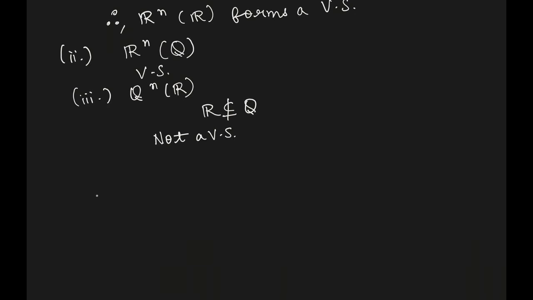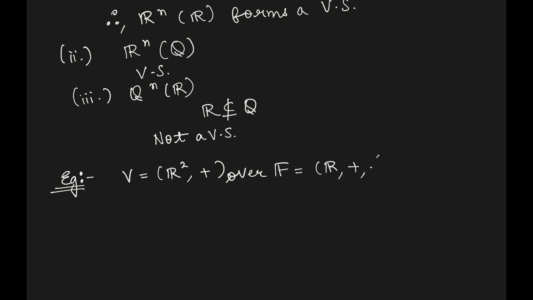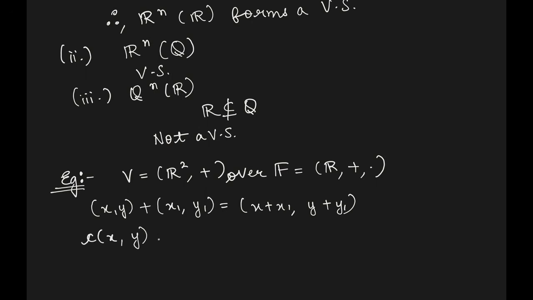Now next is one example. If V is R square with respect to addition over field R with respect to plus and dot, with (x, y) plus (x1, y1) equal to (x plus x1, y plus y1) and c times (x, y) equal to (cx, 0).